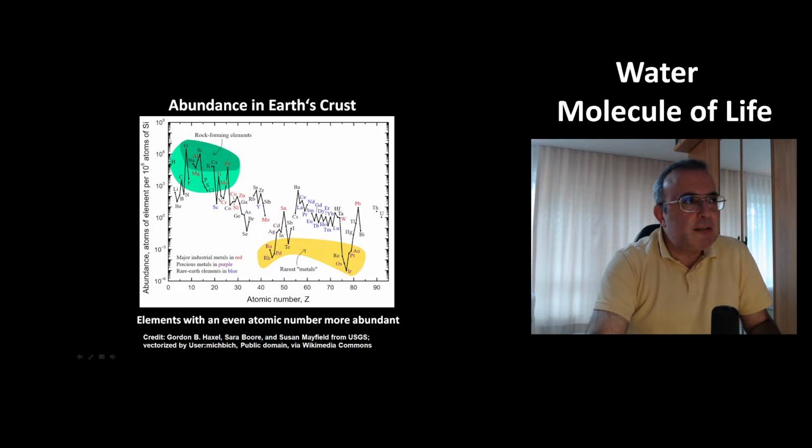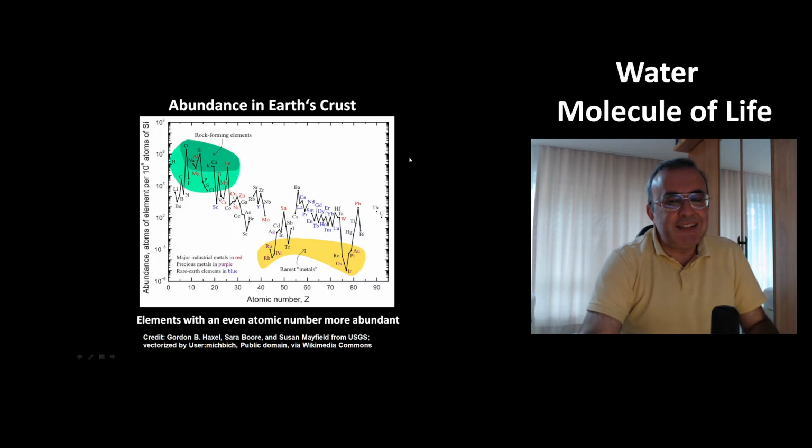But this scale is a logarithmic scale, and the rock forming elements are oxygen, silicon, potassium, calcium, iron, aluminium. And this explains why there is so much water in the universe, but also on Earth.